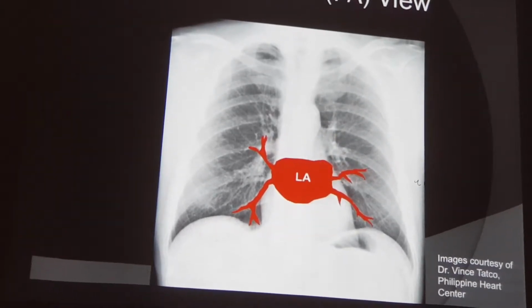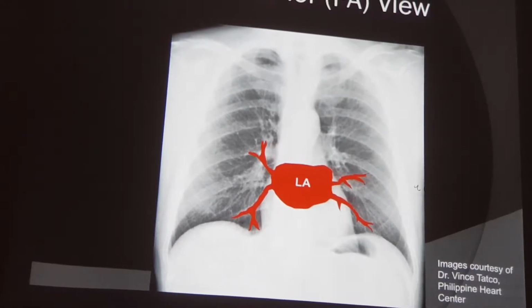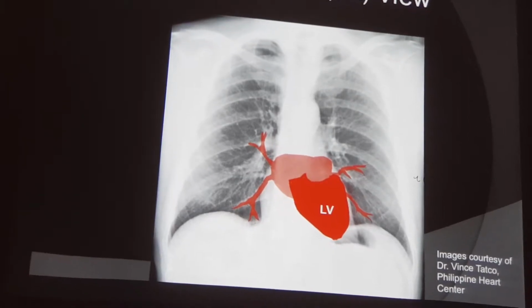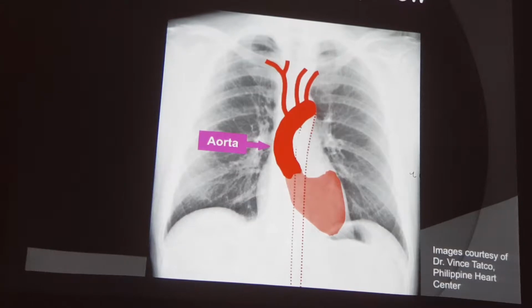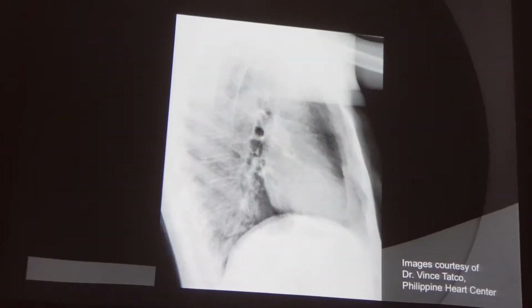Pulmonary arteries bring blood to the lungs. The blood gets oxygenated. It goes back, pulmonary veins into the left atrium, and from there to the left ventricle. Blood goes out the aorta. So basically, that's it. Lateral view.